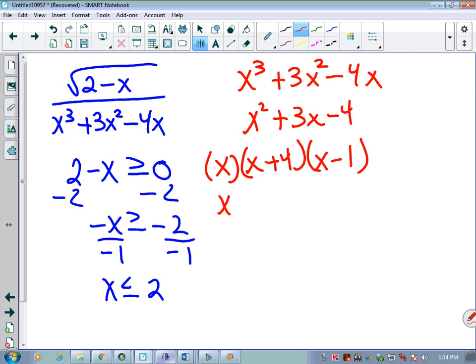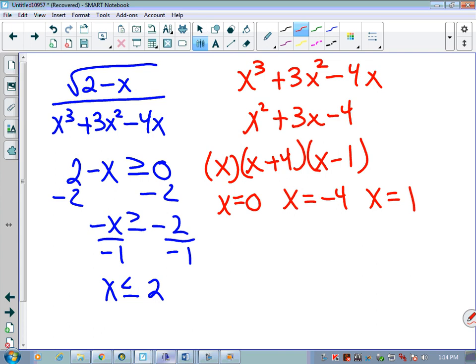All right, I'm going to finish this question because I don't have anybody coming in. So x would be equal to 0 here. x would be equal to negative 4. x would be equal to positive 1. And all of those are less than 2.